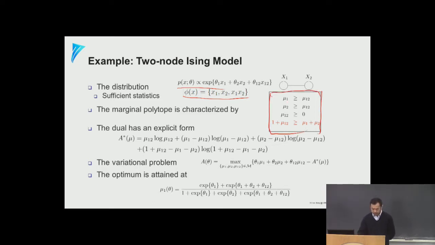This is a Minkowski-Weyl representation of the marginal polytope, which is a collection of half spaces. And this is the entropy of the model. You can actually compute the entropy of the model just using this equation because this is a small distribution, and then you can express the partition function using basically this expression.